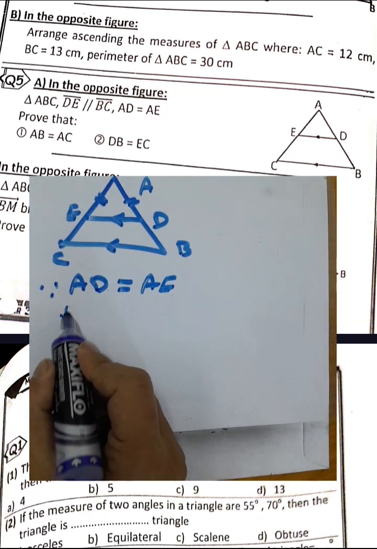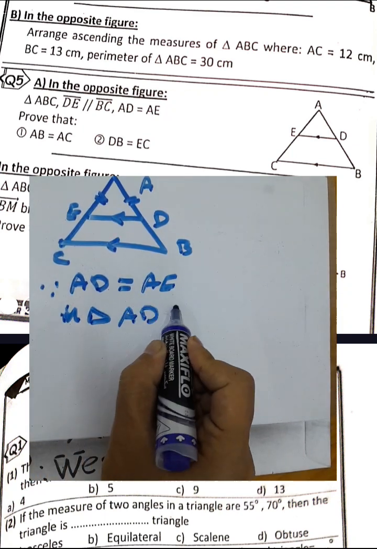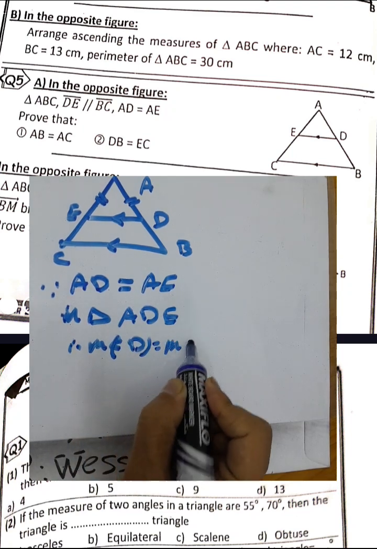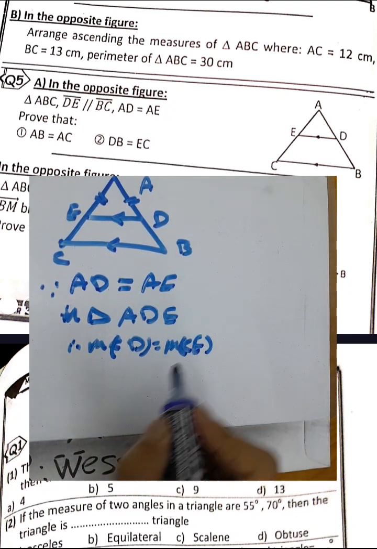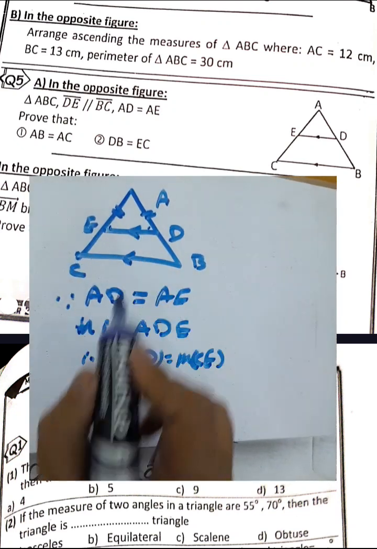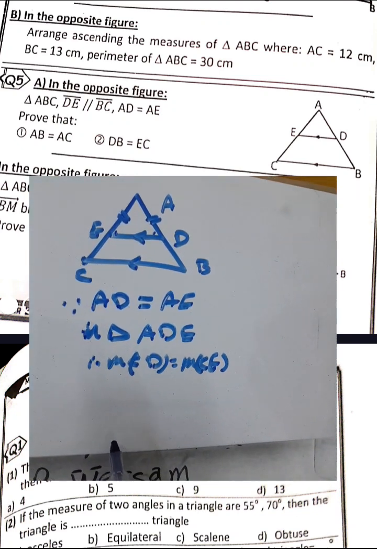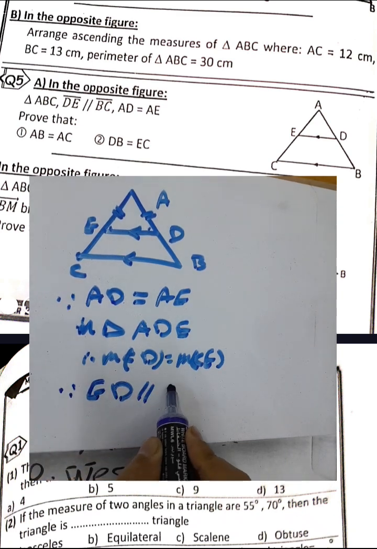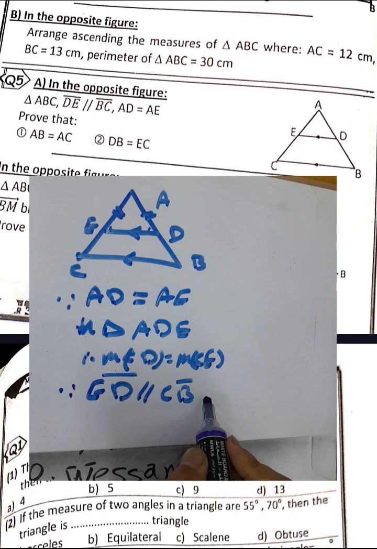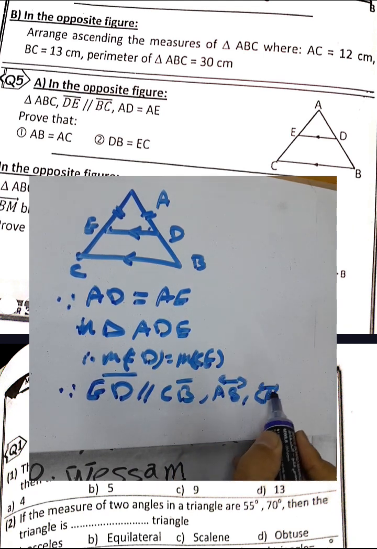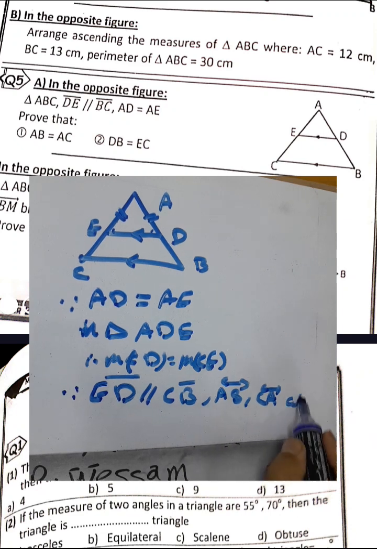In triangle ADE, the measure of angle D will be equal to the measure of angle E. They are equal because this is an isosceles triangle, such that ED is parallel to CB and the straight line AB, straight line AC cut them as transversals.